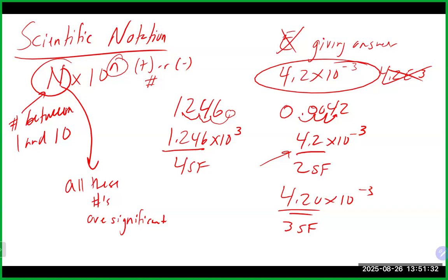Speaking of calculators, probably more important than writing these things in scientific notation is to know how to properly punch it into your calculator, which a lot of people surprisingly do not know how to do. So when you're doing scientific notation on your calculator, most calculators have an actual exponent button. It's an EE button on a lot of calculators. It's an EXP button on a lot of calculators.